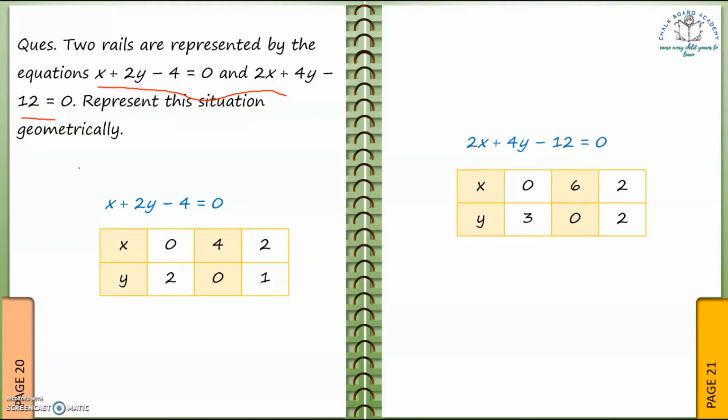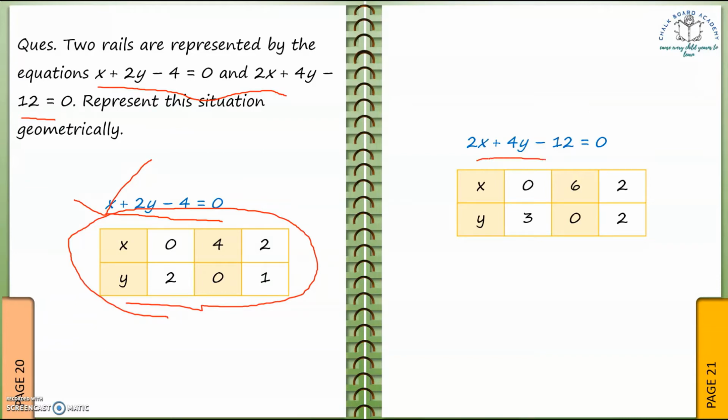For equation 1, x plus 2y minus 4 is equal to 0, I got these three values, and similarly for 2x plus 4y minus 12 is equal to 0, for that also I have got three values. In each case first I have taken x is equal to 0, then I have taken y as 0, and then I have taken x as 2.